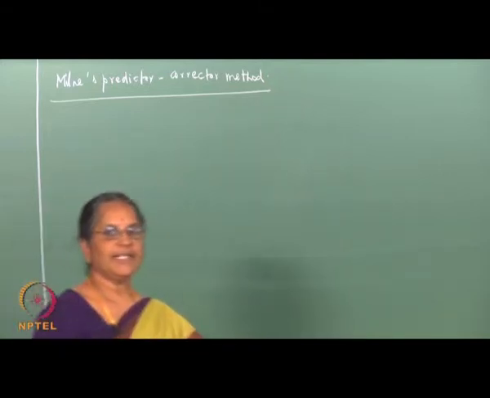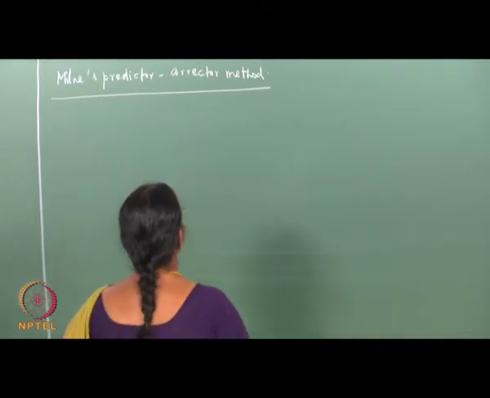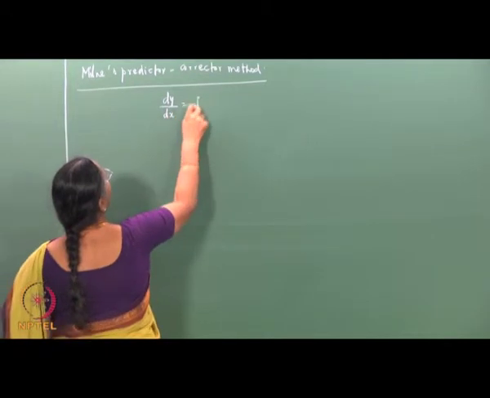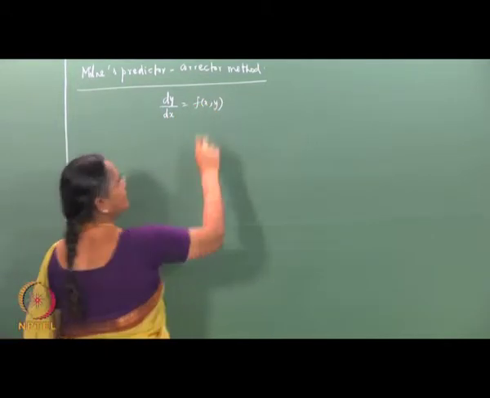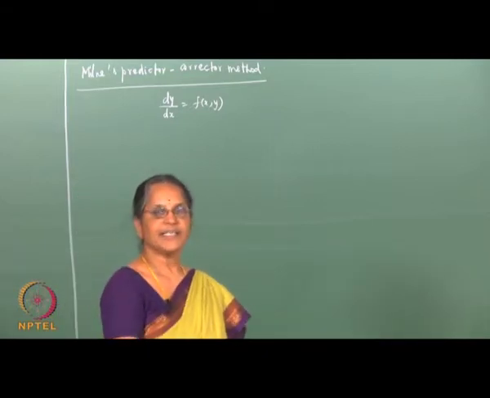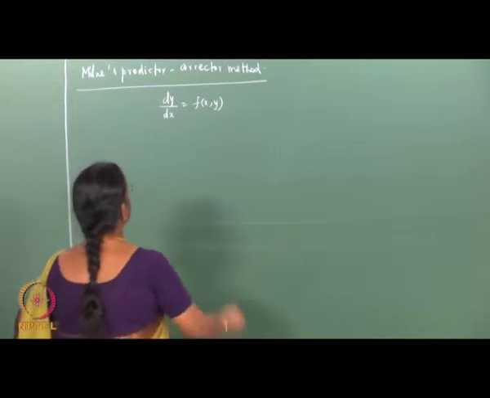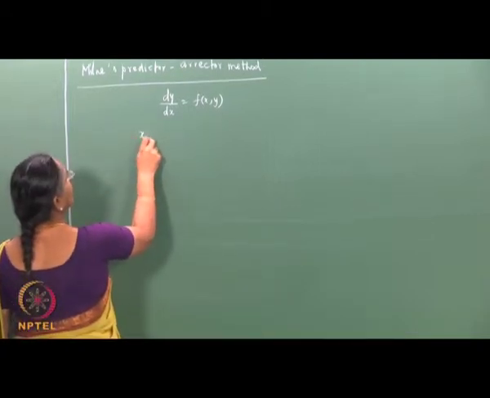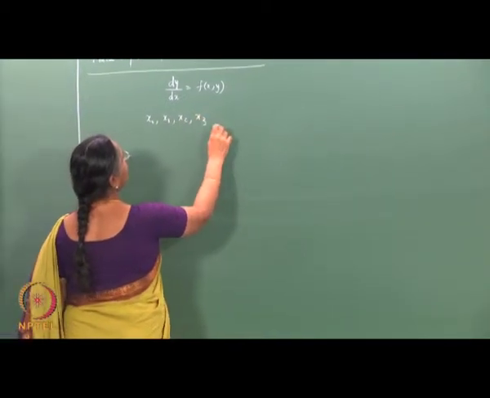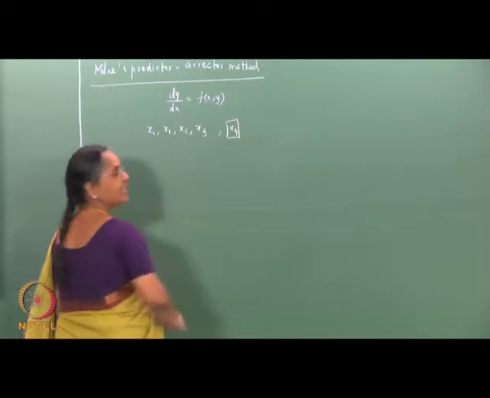This is again a multi-step method where we assume that the solution to the initial value problem dy by dx equal to f of x comma y is known at a set of previous equally spaced points. Namely, the solution is known at x0, x1, x2, x3, and you are asked to get the solution at the point x4.